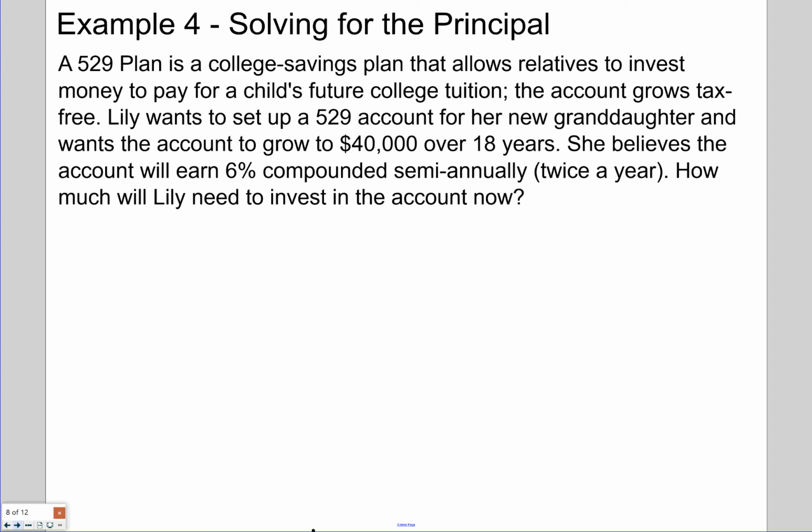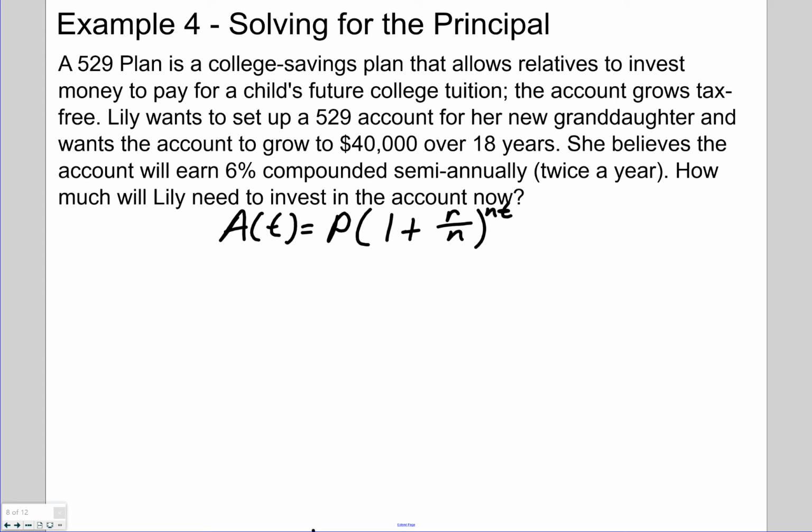Let's see how much she's going to need to invest today. So let's use our compound interest formula. A of t equals P times 1 plus the rate over how it's compounded, raised to the n times t. Let's see, what do we know?